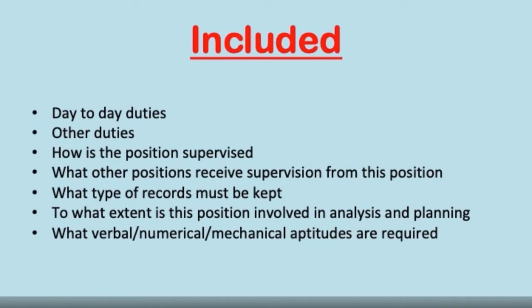How is the position supervised? What other positions receive supervision from this position? What type of records must be kept? To what extent is this position involved in analysis and planning? What verbal, numerical, mechanical aptitudes are required?